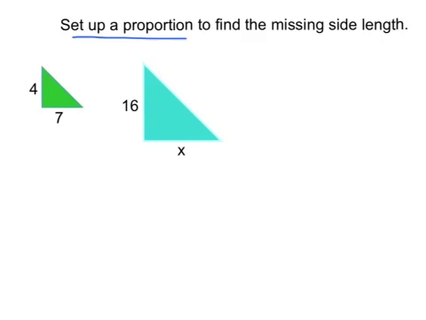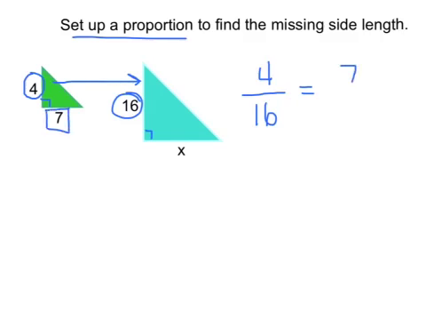So my right triangle and both these triangles are sitting in the same spot. So if I take 4, I'm going to put it over the corresponding side from our other triangle, which was 16. I'm going to set it equal to the 7 from the first triangle over its corresponding side, which was our x in the second triangle.